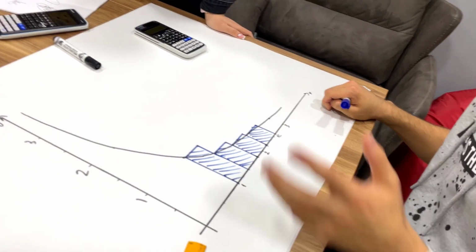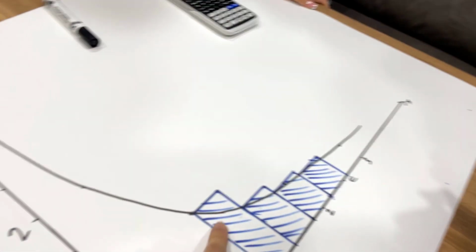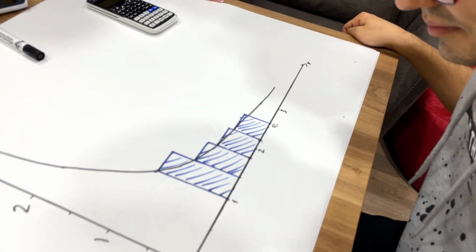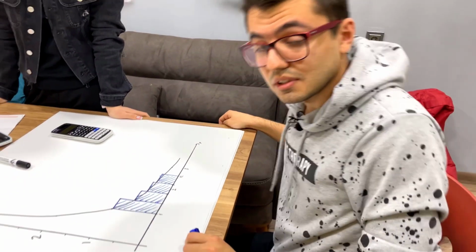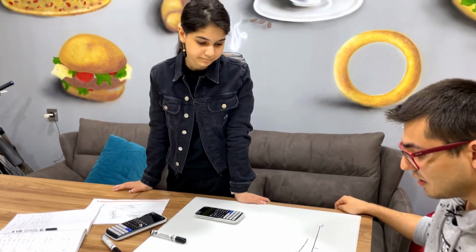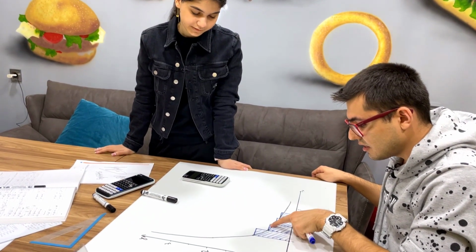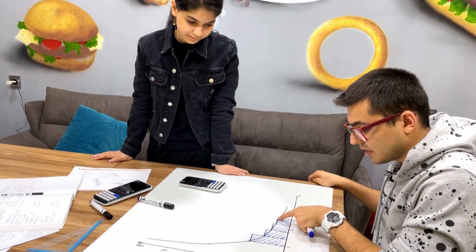Considering these pieces, for example this one, I can assume it will be greater than the real value of the area. Exactly, it is an overestimation, because we included parts that we don't need.